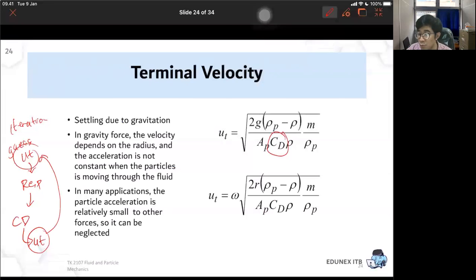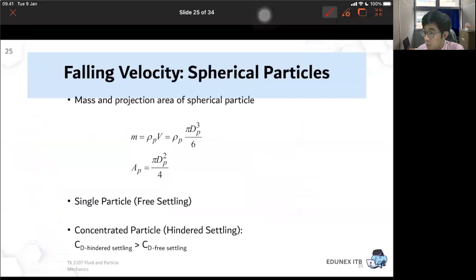If not, then you do the iteration again using the new value of terminal velocity. Can we understand, right? Unless the drag coefficient falls into a special case of Reynolds number. For example, later.